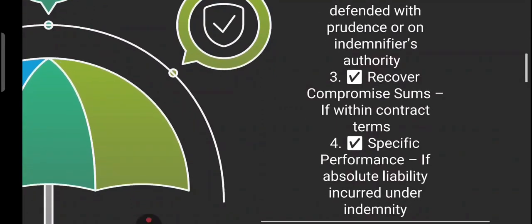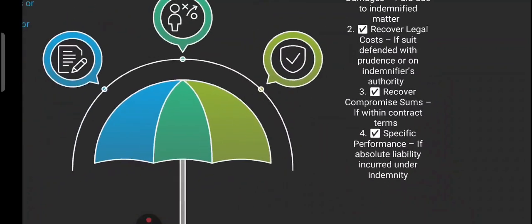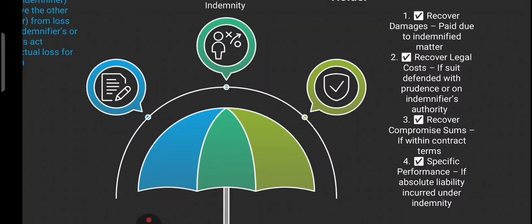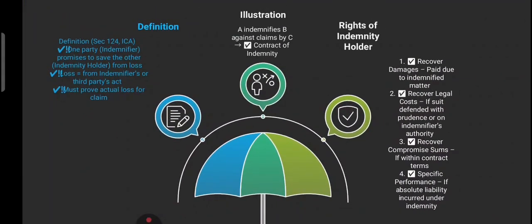And finally, the indemnity holder can even sue for specific performance if they have taken on absolute liability under the agreement. So remember, indemnity is not always written, but when fairness demands it, the law implies it, right? In simple words, a contract of indemnity is like a legal umbrella. It shields the indemnity holder from the financial consequences of someone else's action.